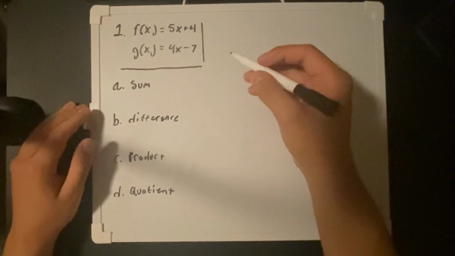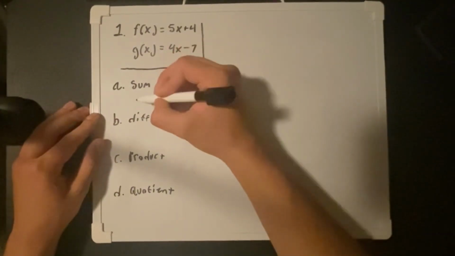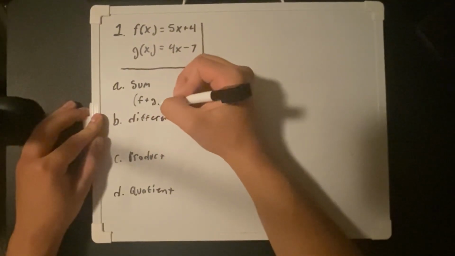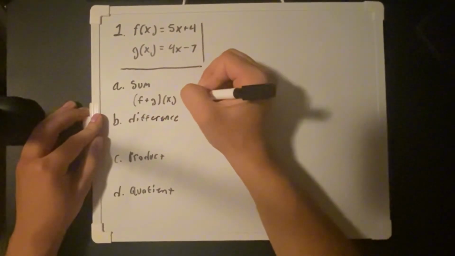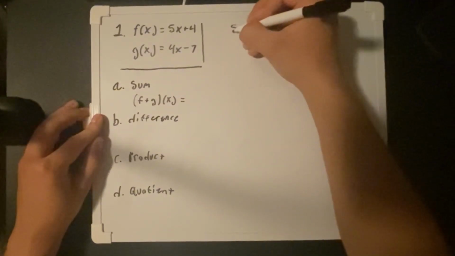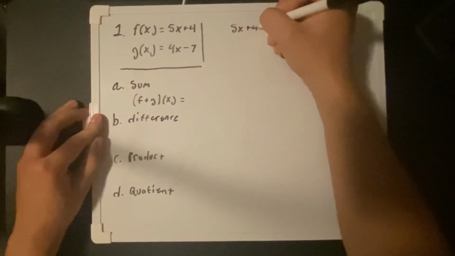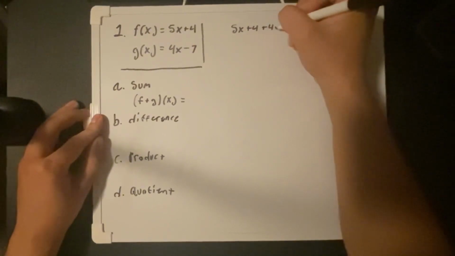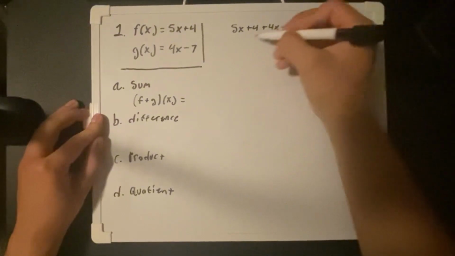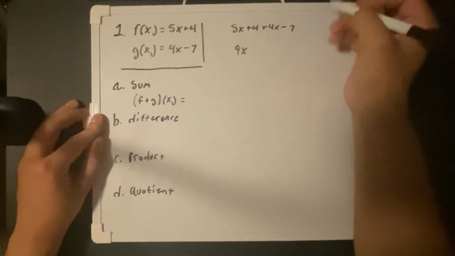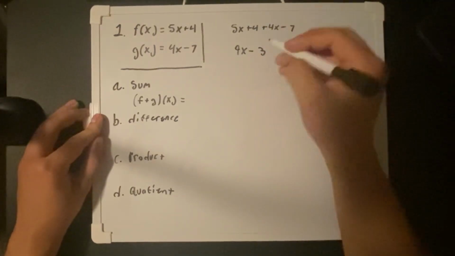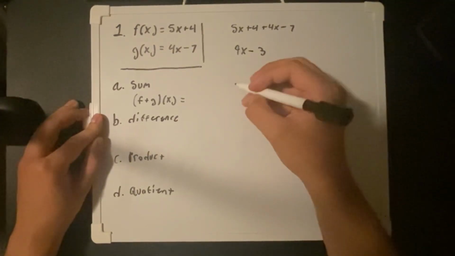To figure out the sum of these two functions, it would be parentheses f plus g of x equals our answer. So let's write that down. 5x plus 4 plus 4x minus 7. And then we simplify and we get 9x minus 3. That would be our answer since there's no further way to simplify it.